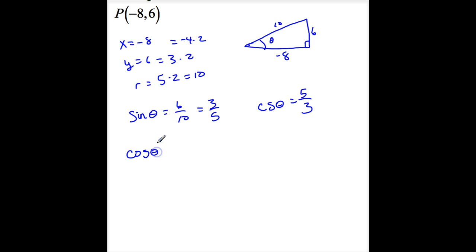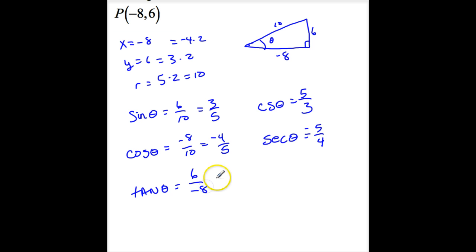Cosine of theta is adjacent, or -8 over 10, or -4/5, while the secant of theta, I'm just going to flip this, is -5/4. Tan theta is 6 over -8, or -3/4. So cotangent of theta is -8 over 6, or -4/3.